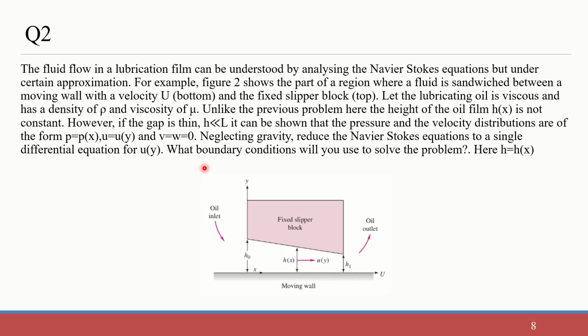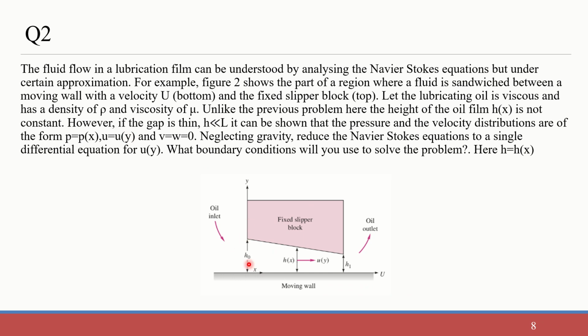And if the gap is very thin, that is h is very small compared to the total length, it can be shown that the pressure is a function of x and the velocity is a function of y.